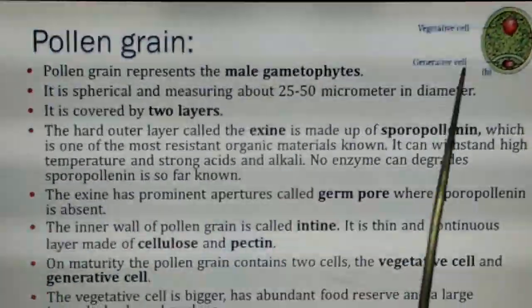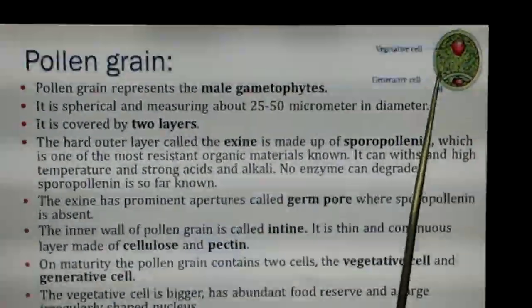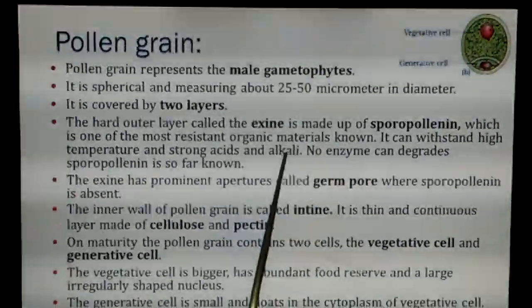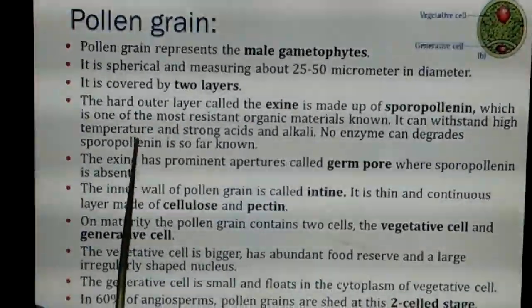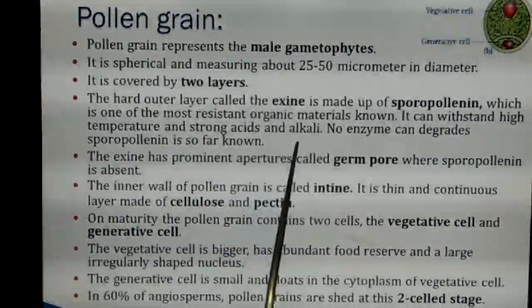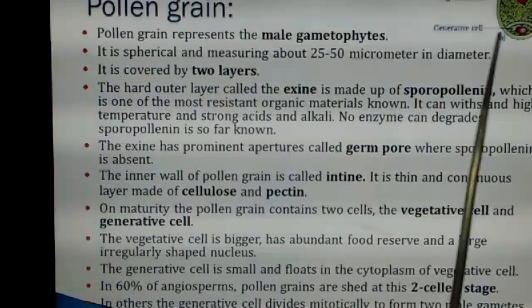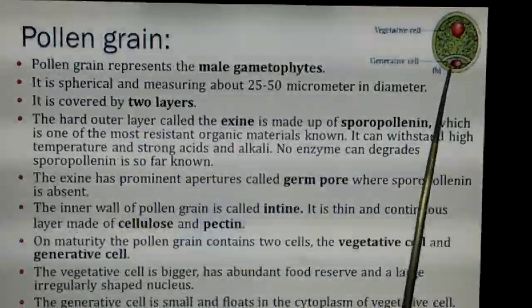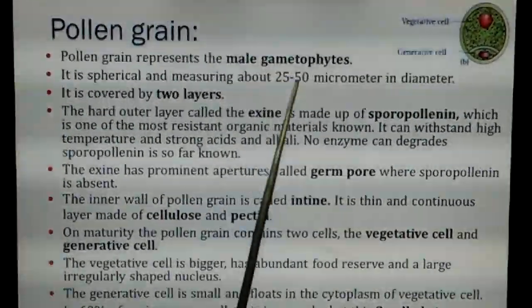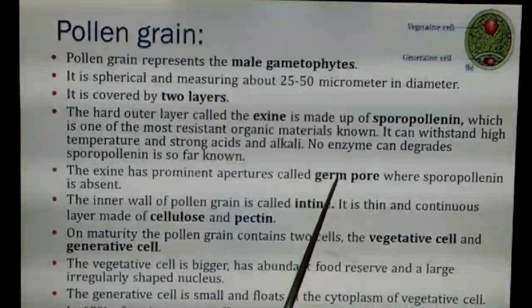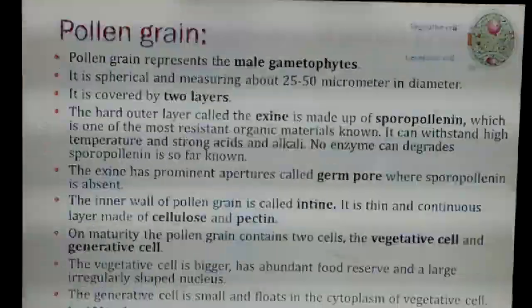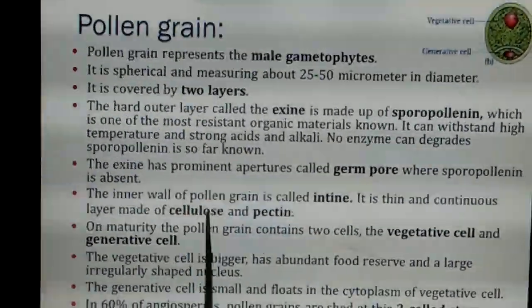The sporopollenin is highly resistant to organic materials. It can withstand temperature, strong acids, alkali. It can live for a longer time. The exine contains a pore, that will be the germ pore. And in the germ pore, the sporopollenin will be absent.